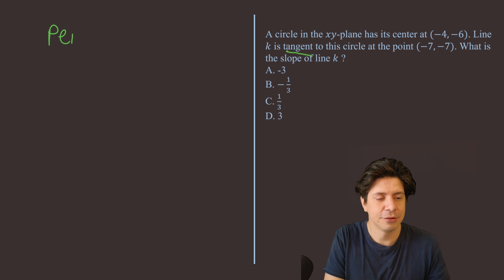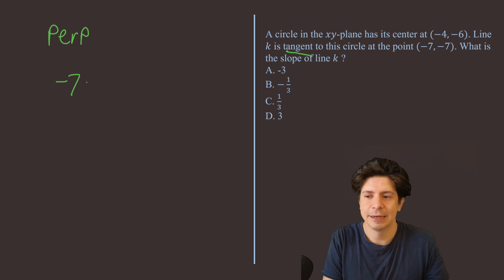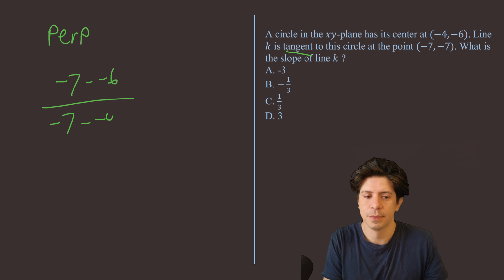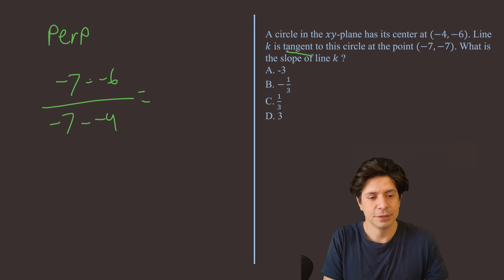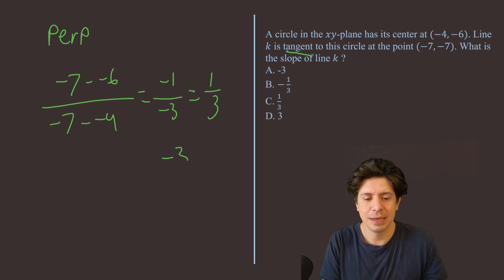So we're going to do (−7 − (−6)) over (−7 − (−4)), which equals −7 plus 6 is −1, over −3. That gets us 1/3. The negative reciprocal will then be −3.